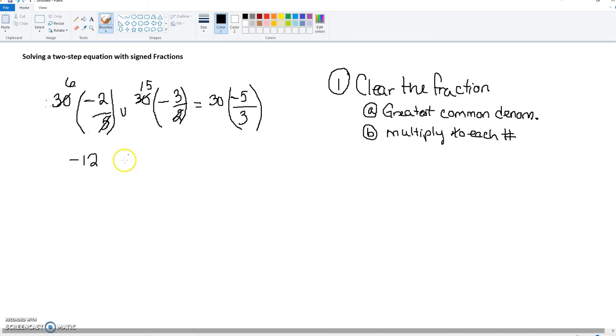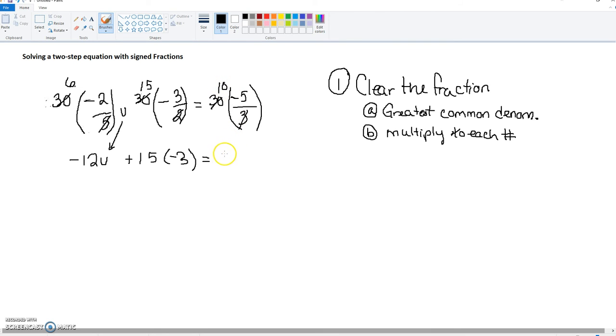Okay, so now, I almost forgot to bring the u down. That's very important. So now we've got 15 times a negative 3. And if it helps, go ahead and bring that down, so that way you make sure that you include all your numbers. We could have done that for this first one as well. And same thing here: 30 divided by 3 is 10.